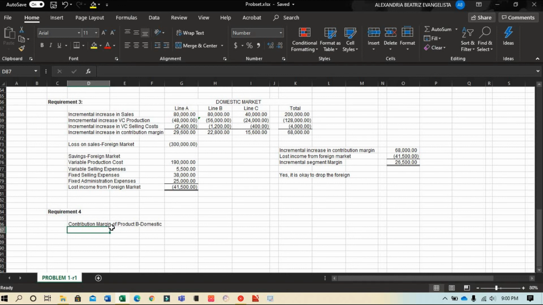Okay, so after that, you're going to add the additional fixed costs for product B, and then we're going to get the minimum monthly contribution margin.